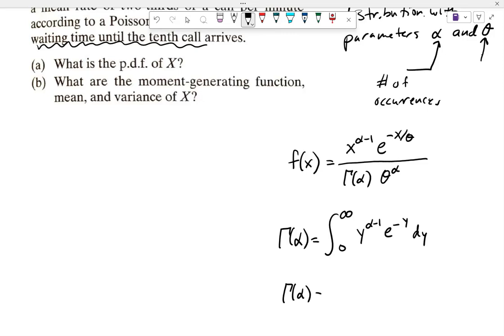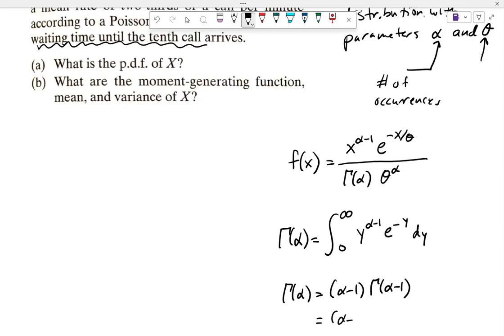Using integration by parts, you can prove that gamma of alpha is the same thing as alpha minus 1 times gamma of alpha minus 1. There's a recursive formula here. This should remind you of a certain type of function. What function does it remind you of?